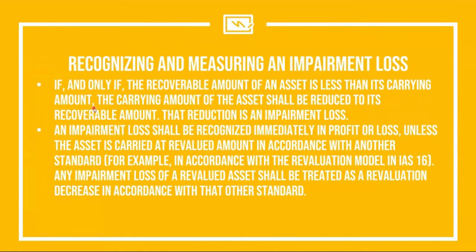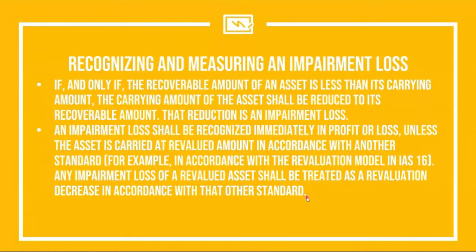So again, to emphasize, if and only if the recoverable amount of an asset is less than the carrying amount, then the carrying amount of the asset shall be reduced to its recoverable amount, and that reduction is known as the impairment loss. An impairment loss shall be recognized immediately in profit or loss unless the asset is carried at revalued amounts in accordance with another standard, example IAS 16 for those using the revaluation model. Any impairment loss for a revalued asset shall be treated as a revaluation decrease in accordance with other standards.